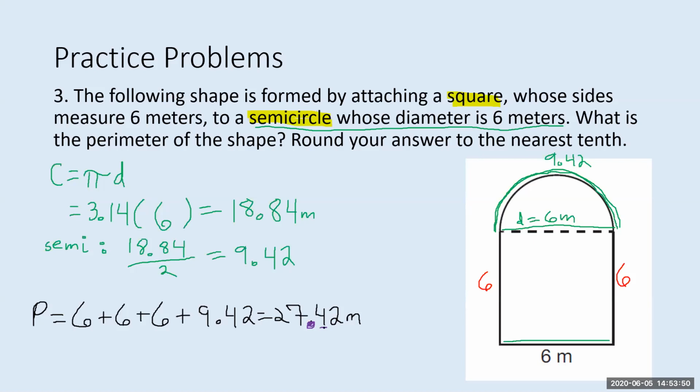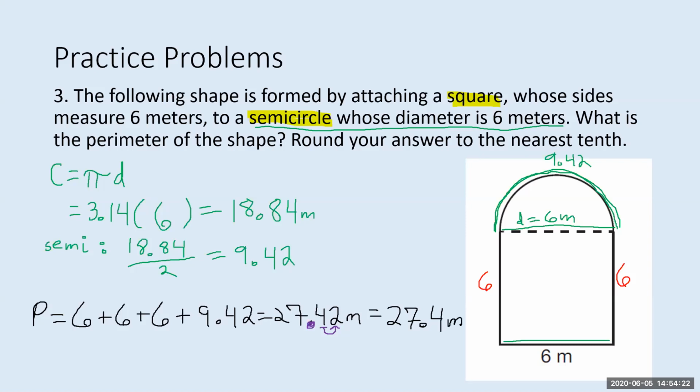So the 4 is in the tenths place. I take a look at the digit to the right, and it's a 2. That 2 tells you to round down. So 27.42, we're going to go ahead and just round that down to 27.4 meters.